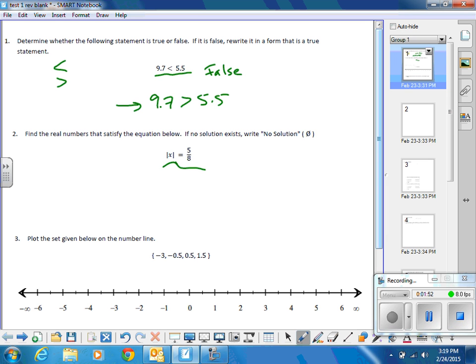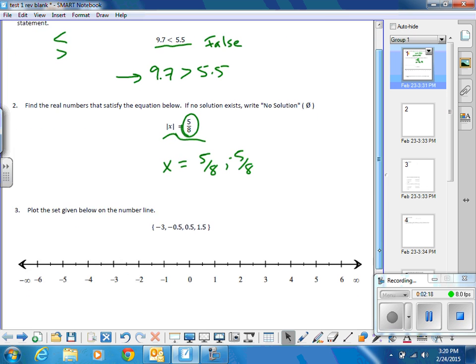Well, what are your choices? Your choices are x is equal to a positive 5/8 and a negative 5/8. The reason they have the negative 5/8 there is that in absolute value you always get two answers, because you're accommodating the negative number line value that might be possible that will make this distance positive. Okay, so that's the answer for this one.